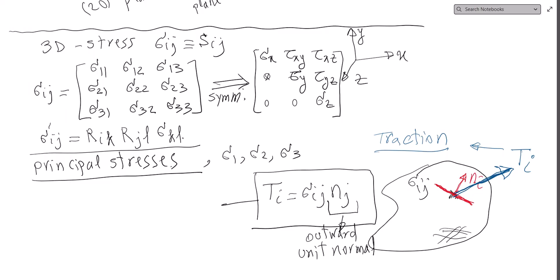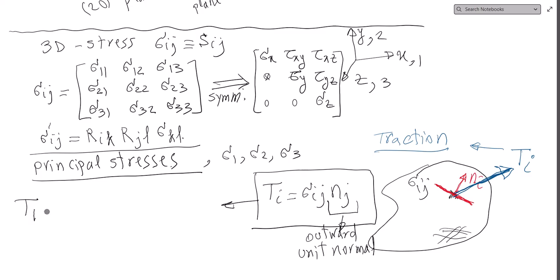If you want to expand this, T1 is the first component, first being x. The indices 1, 2, 3 and x, y, z are interchangeable in this discussion.